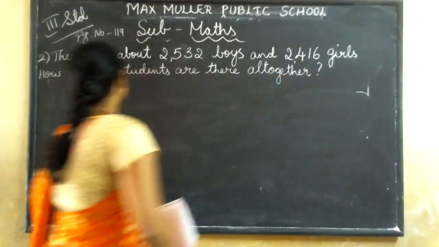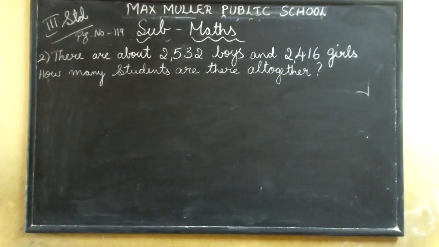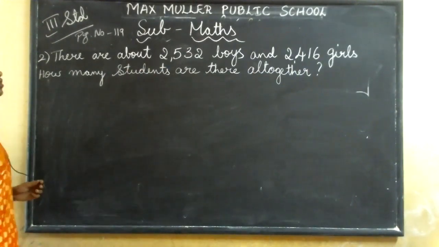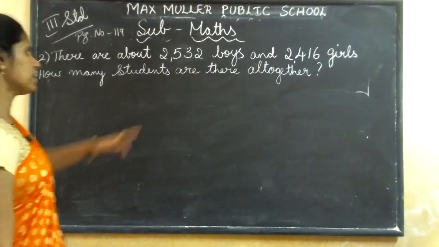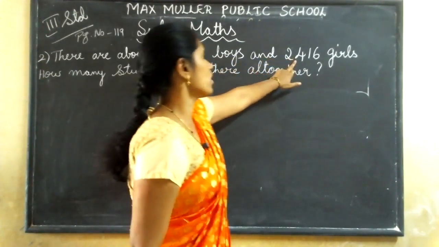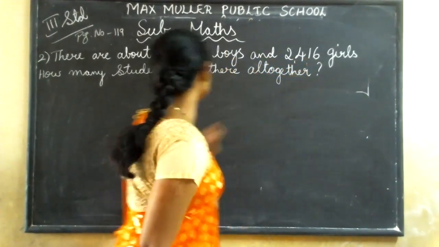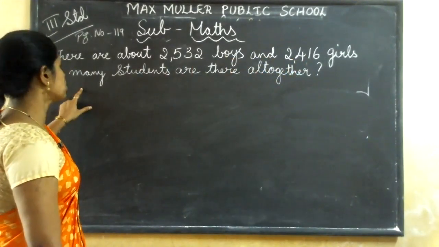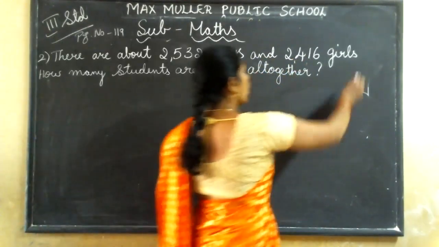So here, first read and understand. There are about 2,532 boys and 2,416 girls. How many students are there altogether?